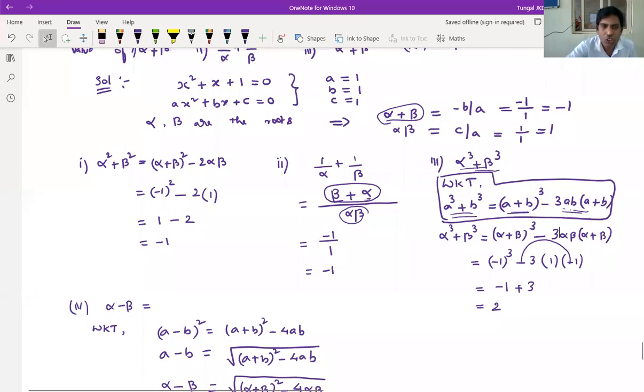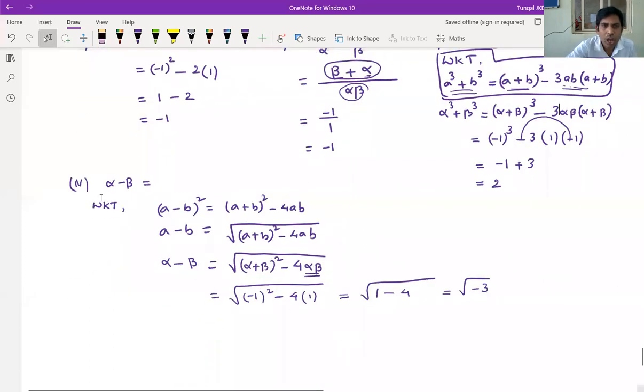And the last question, observe alpha minus beta. So a minus b whole square formula is a plus b whole square minus 4ab. If you want, you can split a minus b whole square and a plus b whole square on both sides. LHS equals RHS.